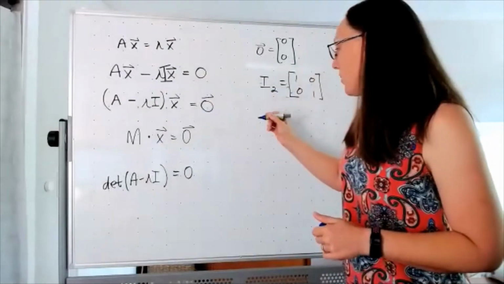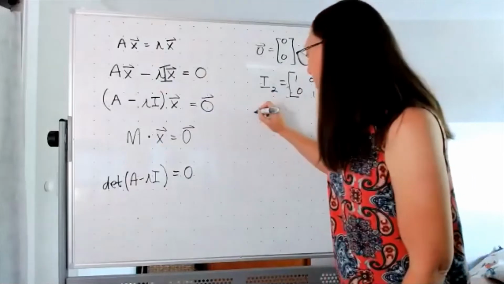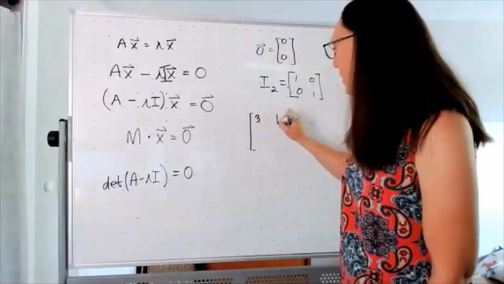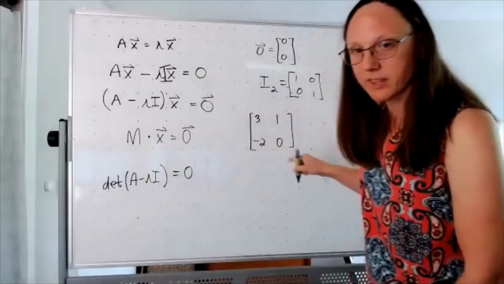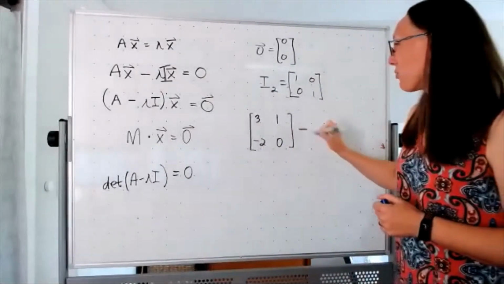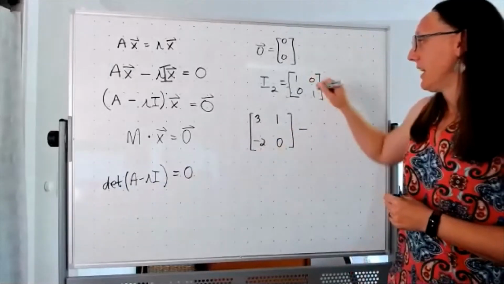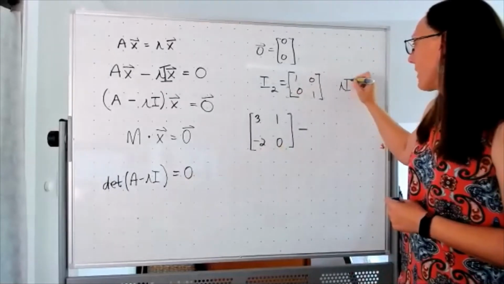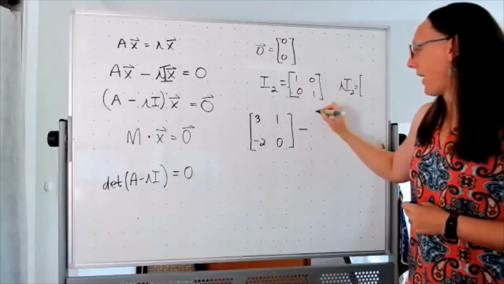Okay. So the matrix that we were just working with in that previous example was 3, 1, -2, 0. So if I subtract from that lambda times the identity matrix, we multiply each piece of the identity matrix I2 by lambda.